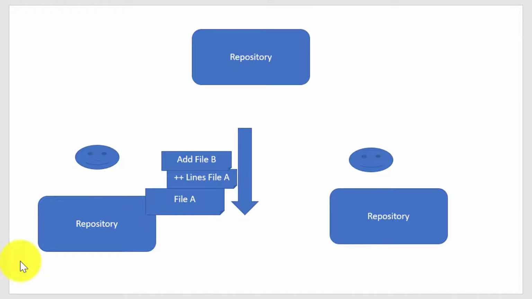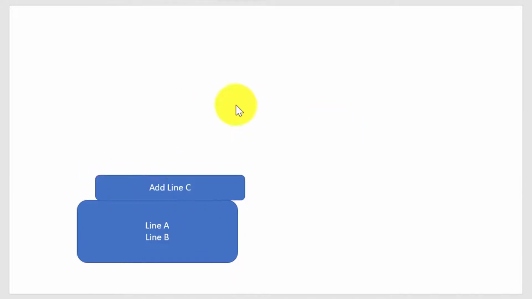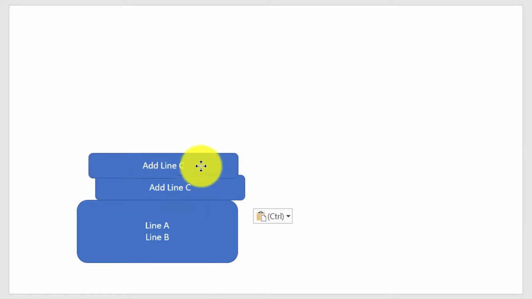Let us see with an example. Initially I have two lines in a file, line A and line B, that is version 1. On top of it, I am adding line C. At this point, this file has lines A, B and C. Then I'm making another change based on some request.